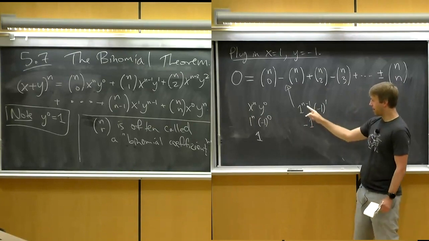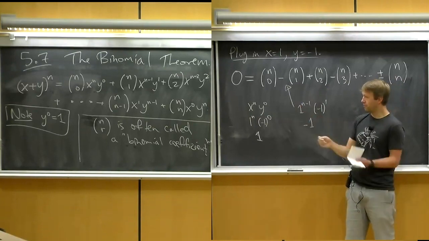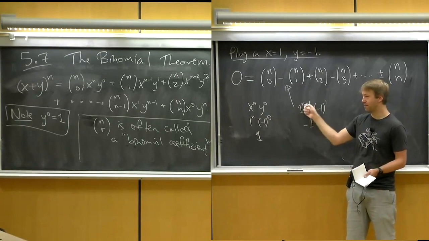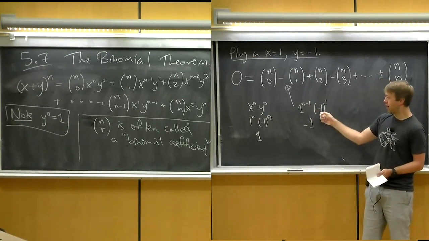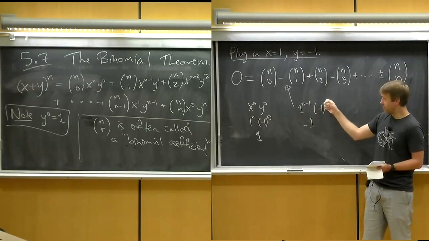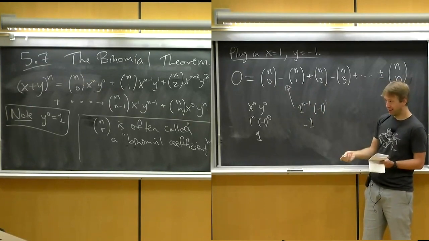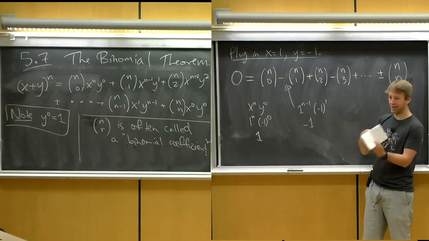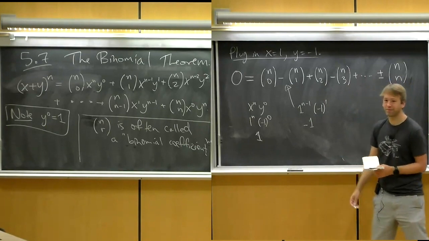And if you think about it, for each term, the x part is always giving you a 1, because it's 1 to some power. The y factor, when it's an even number, like 2, gives you negative 1 squared, which is 1. When it's odd, like negative 1 cubed, it gives you negative 1. And it just switches back and forth like that.